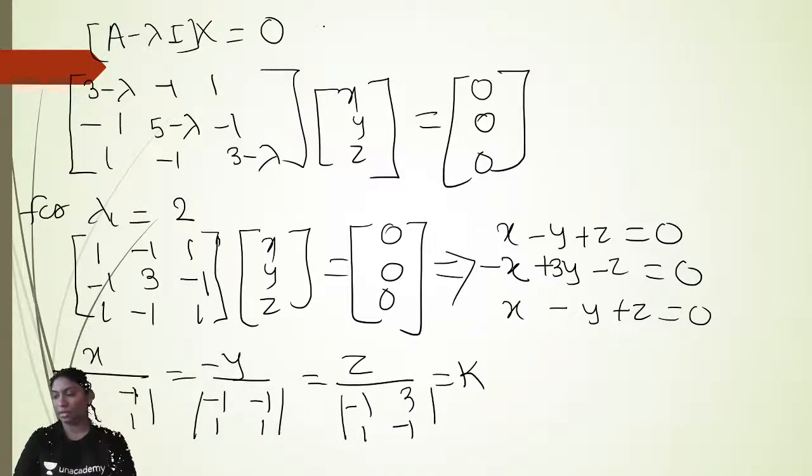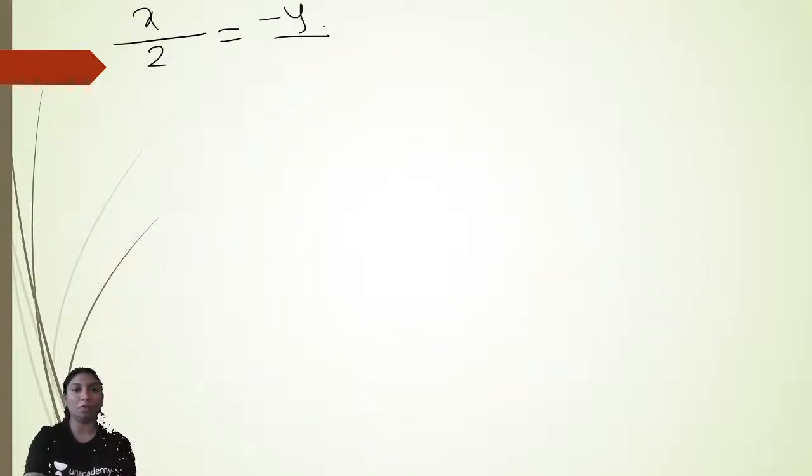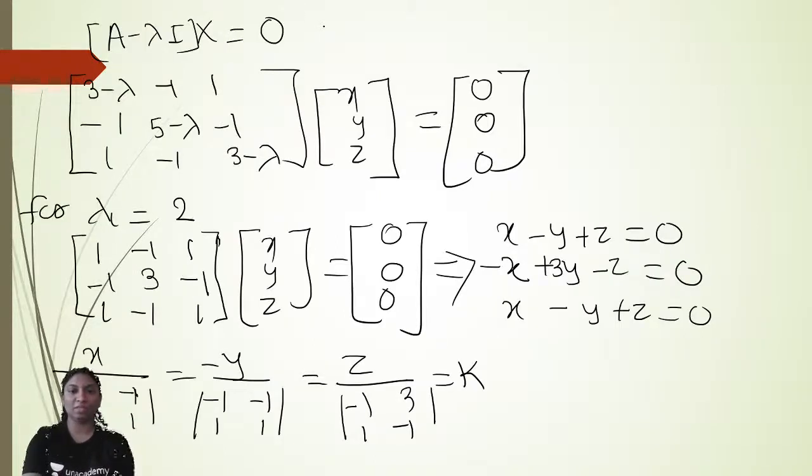So what is your matrix here? After putting lambda 1 is equal to 2, you will get 1 only. So x minus y plus z and minus x plus 3y minus z is equal to 0. Okay. So minus y upon minus 1, 1, minus 1, 1.